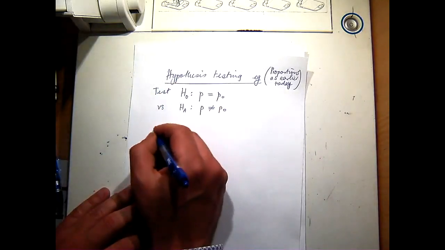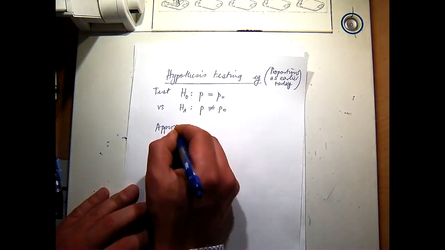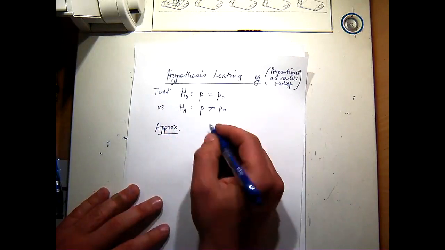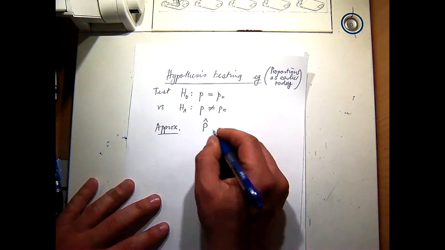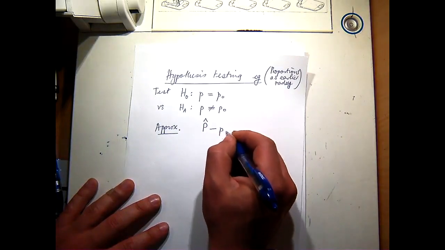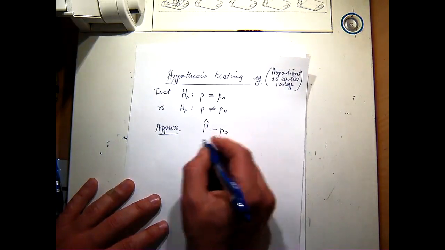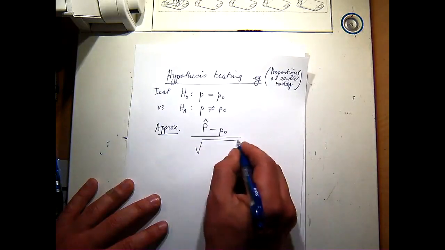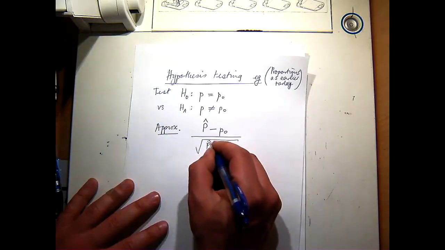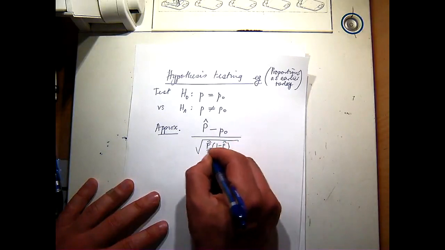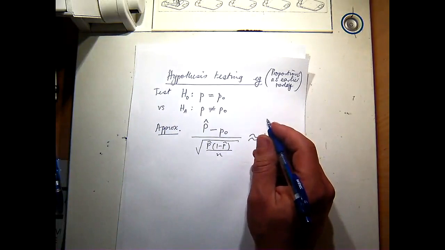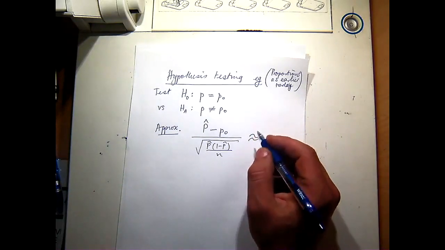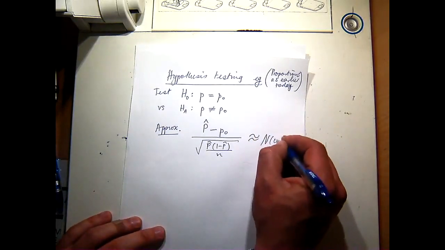But if I want to test this, and this is only going to be an approximate test, we know approximately that p hat has a normal distribution, as we talked about before, centered at p0, divided by the square root of p hat times 1 minus p hat divided by n. How good an approximation that is, you might want to check the rule of thumb I said, of np at least 10, n times 1 minus p at least 10. But approximately that is normal 0, 1.